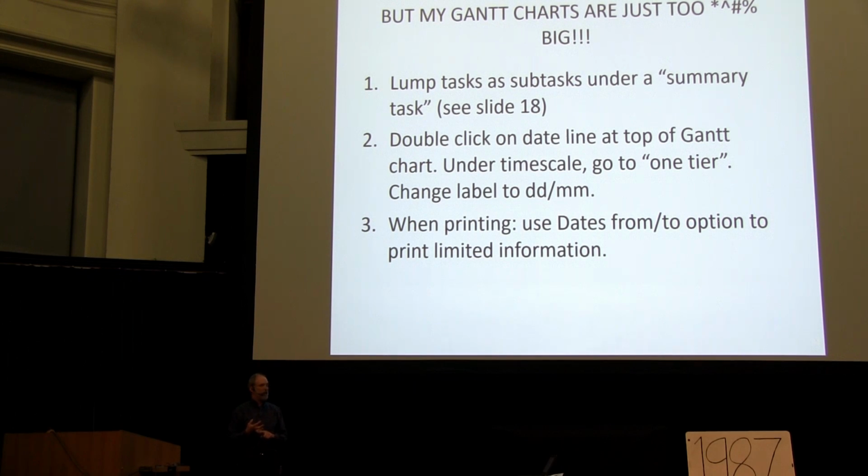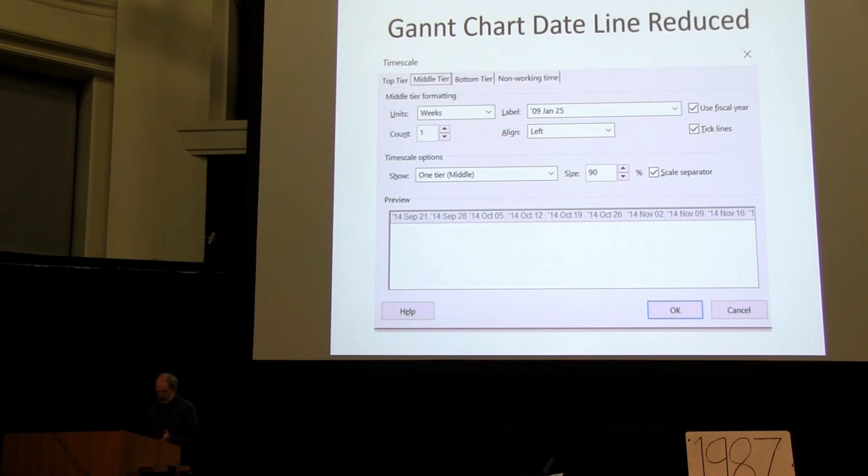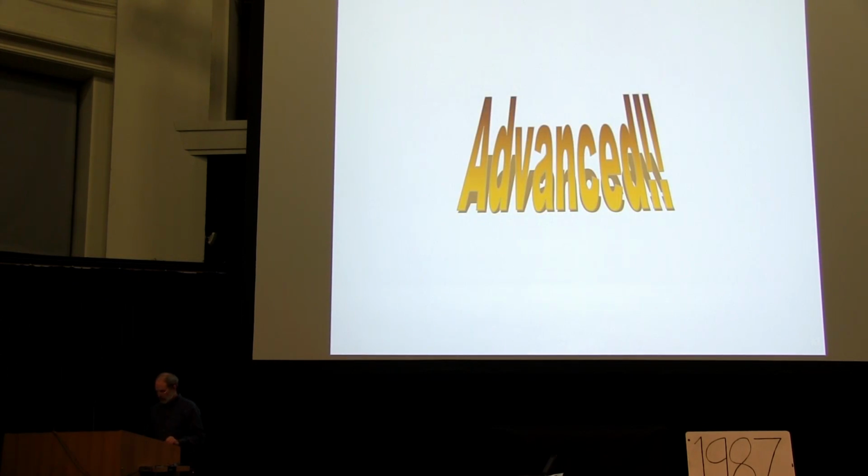You can double-click on the top line of the Gantt chart and change the scaling, so that really helps. You can change the number of tiers. When you're printing, there's a dates from and to option, and so you can just print out a certain period. That's in Microsoft Project. That's how you would put it together. So that sort of thing will allow you to make your Gantt charts usable.